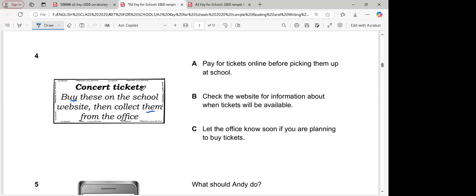Once again, concert tickets. Buy these on the school website, then collect them from the office. A. Pay for tickets online before picking them up at school. B. Check the website for information about when tickets will be available. C. Let the office know soon if you are planning to buy tickets.